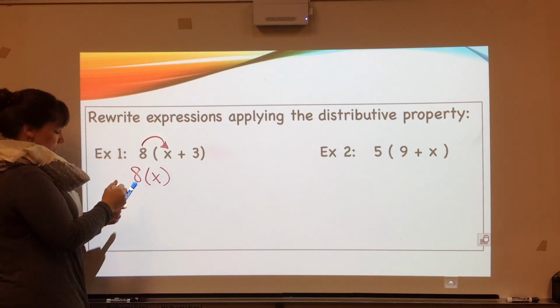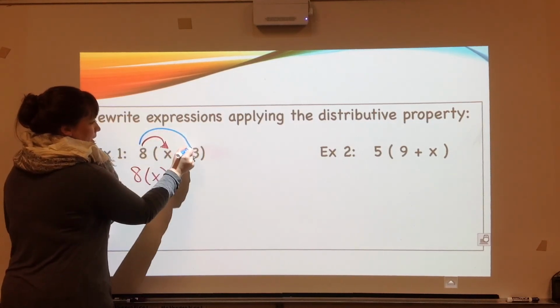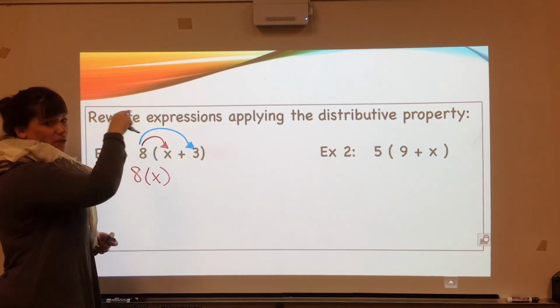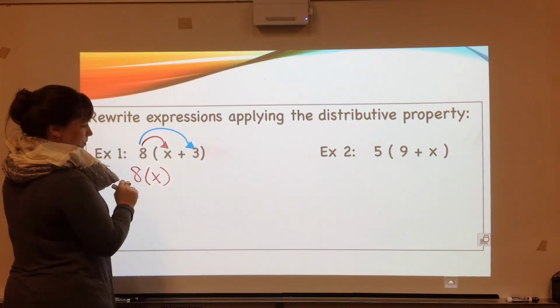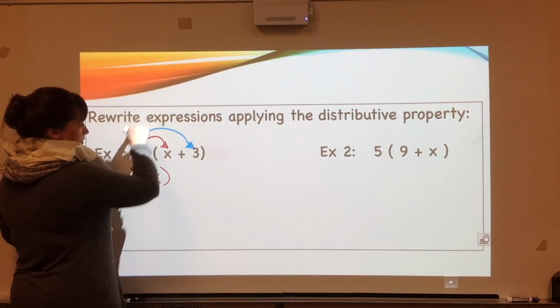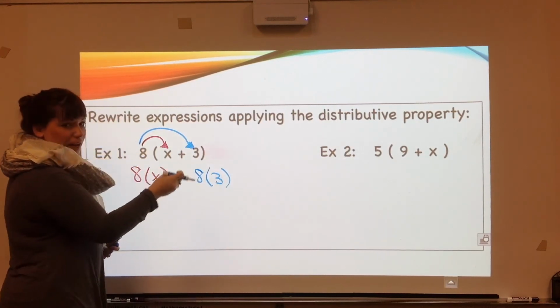So we have an 8 and an x being multiplied. Then we need another arrow. I'm going to make it a different color just so that you see you have to distribute the 8 to each number inside. We don't know what this number is, so we're just going to call it x for right now. The blue is from the 8 to the 3, so we're going to multiply 8 and 3 together.